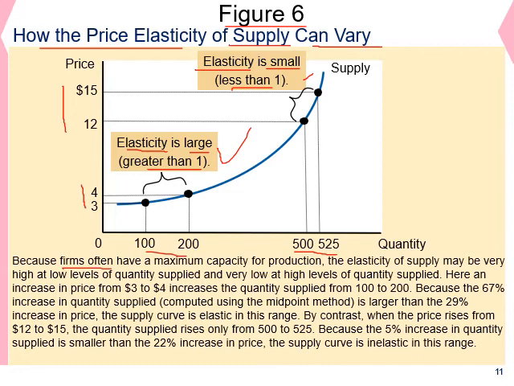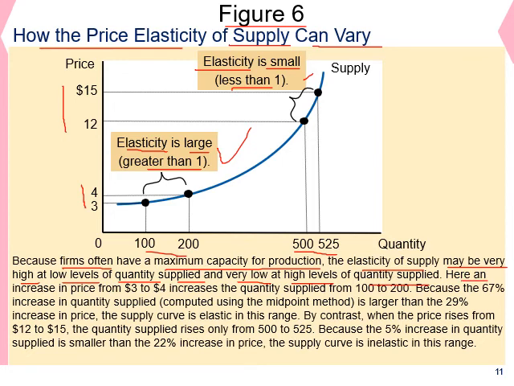Because firms often have a maximum capacity for production, the elasticity of supply may vary, very high at low levels of quantity supplied and very low at higher levels of quantity supplied.